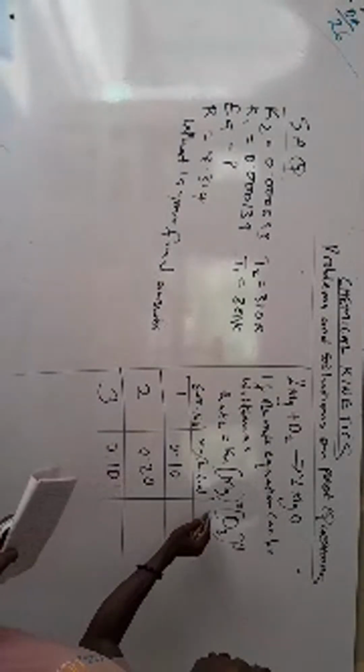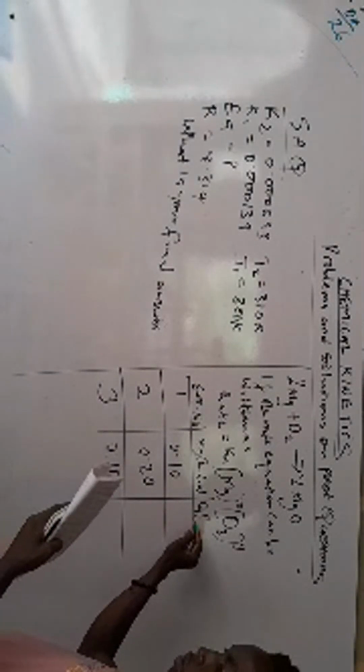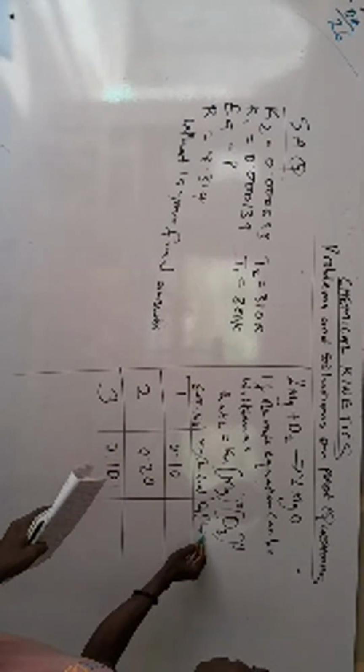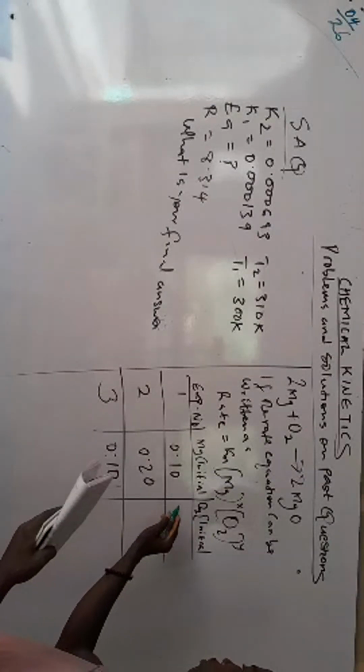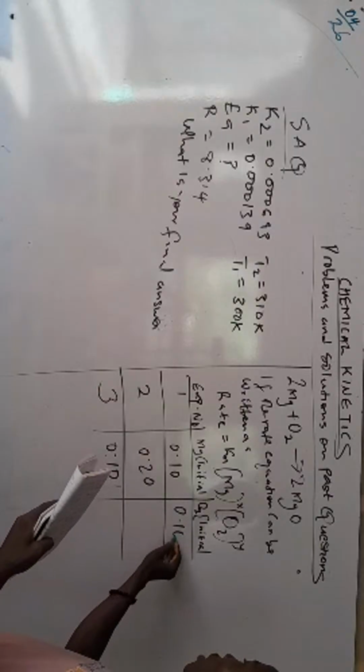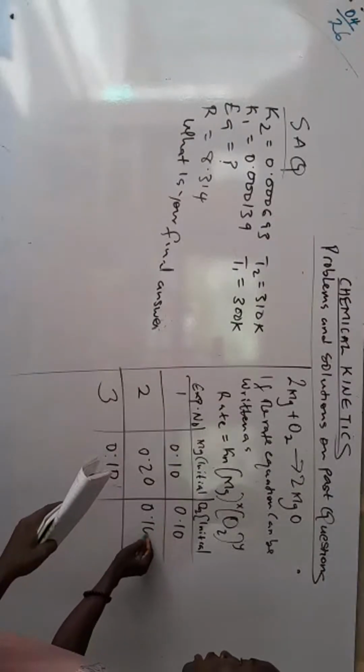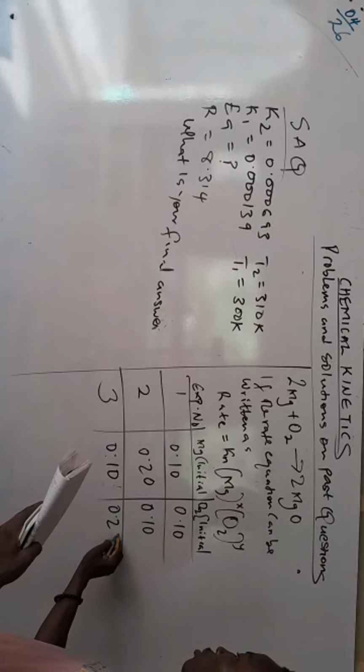We are given the initial concentration of O2 to be 0.10, 0.10, 0.20.